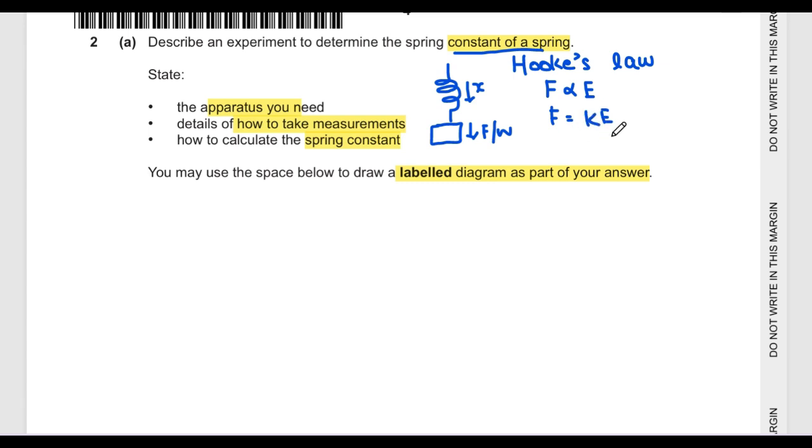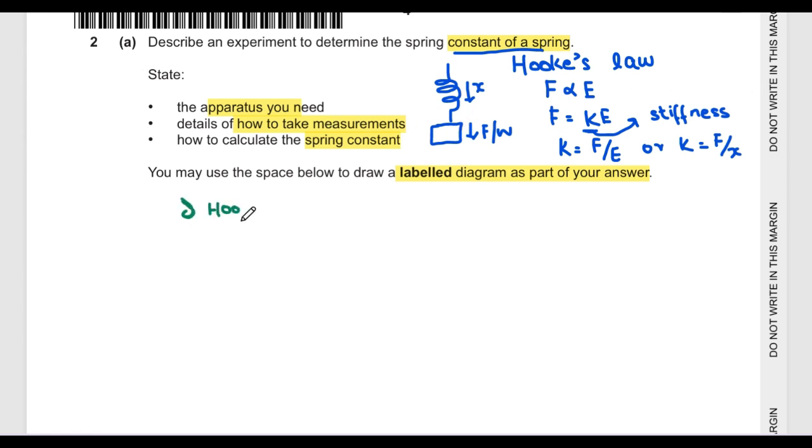A direct relation can be removed by a constant, so I have used k. k is the property of a spring, or we can say the stiffness of the spring. If we need to find k, we are going to divide force by extension, and some people call extension x also.